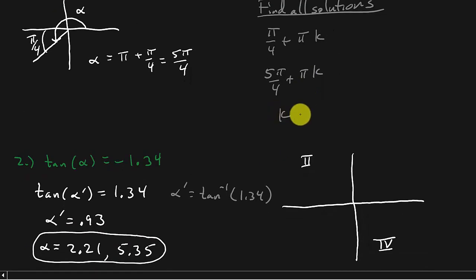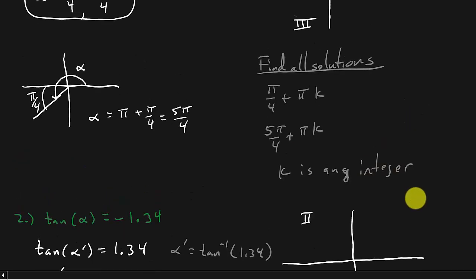And of course, k is any integer. Now keep in mind, that's in radians. If it were in degrees, you would add 180 degrees times k.